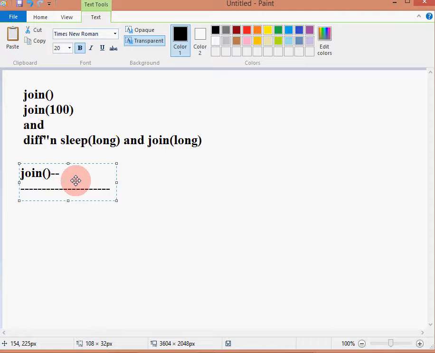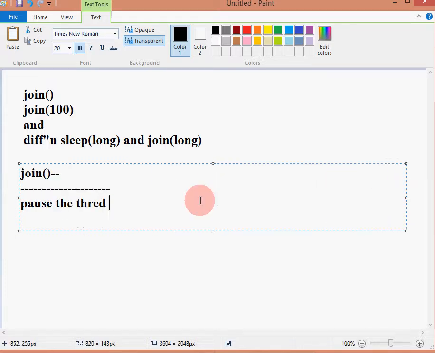What is join? The join method basically pauses the thread execution until the other thread's execution is completed.